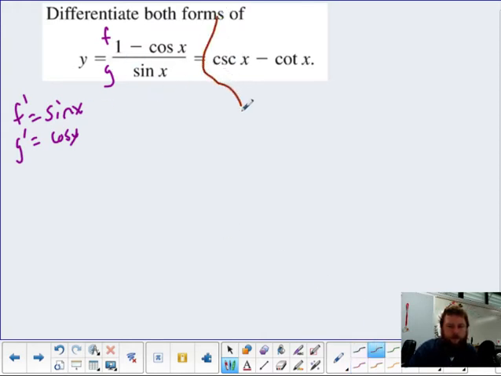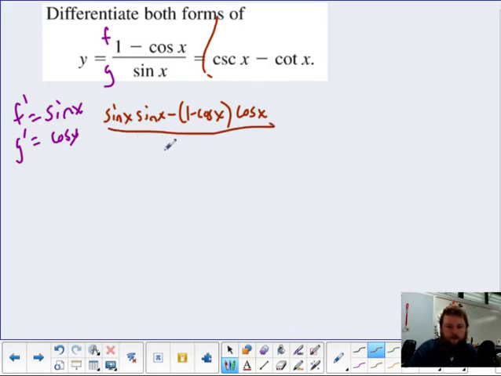What you're going to get is f prime, so sine x, times g, sine x, minus regular f, 1 minus cosine of x, times g prime, cosine of x. All right, all over g of x squared, so sine squared of x.